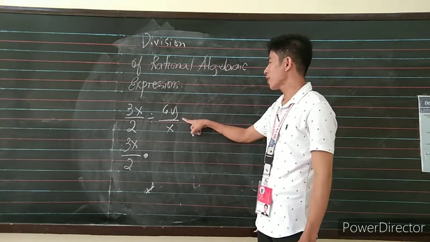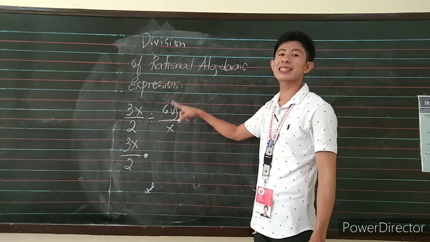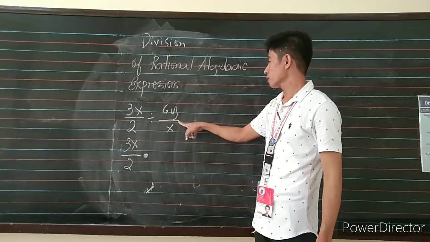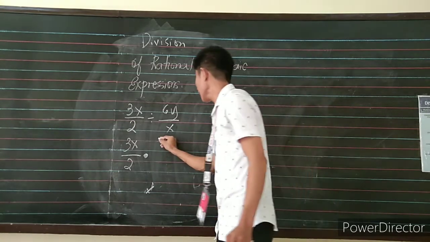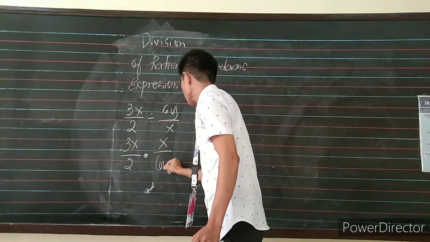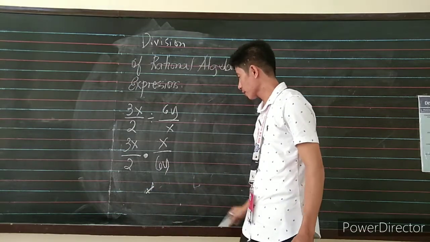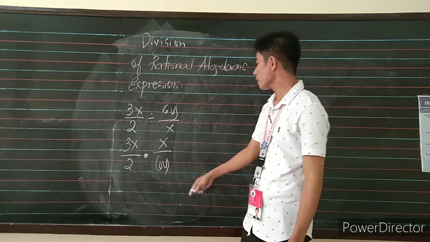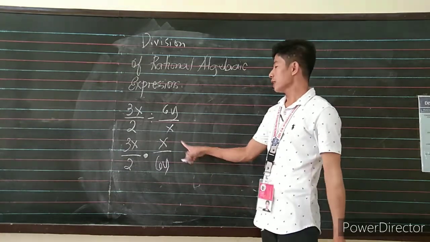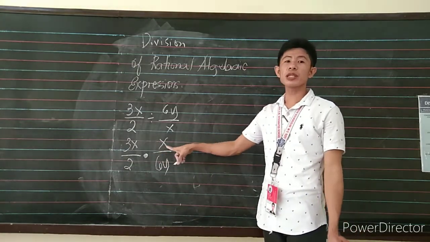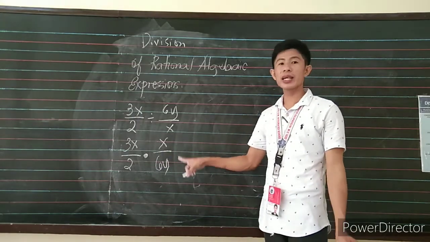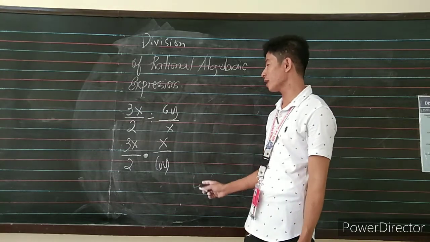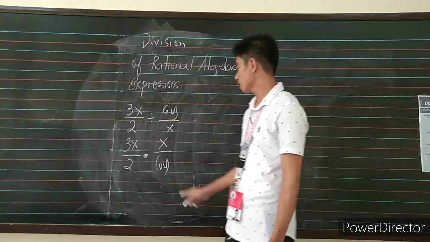And then find the reciprocal of the second term. So the reciprocal of this is x over 6y. That is the reciprocal. Then, since it is already a multiplication, we can apply the multiplication of rational algebraic expressions. So we can use the cancelling method.